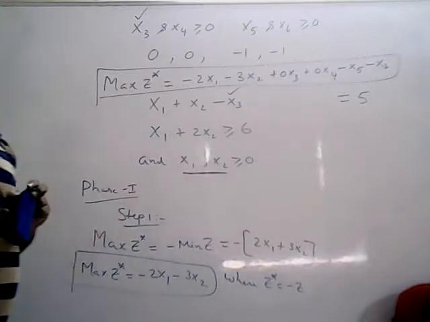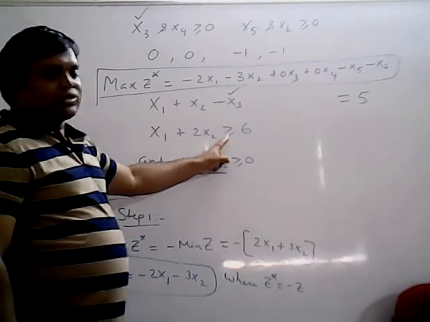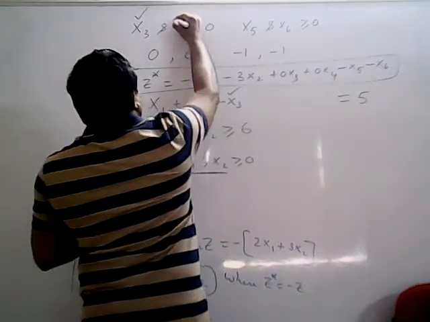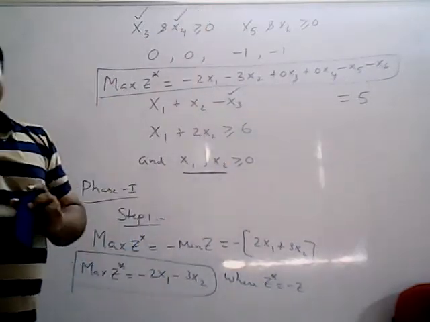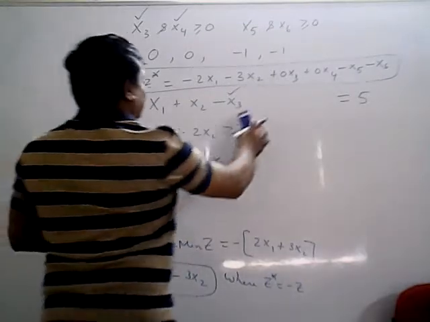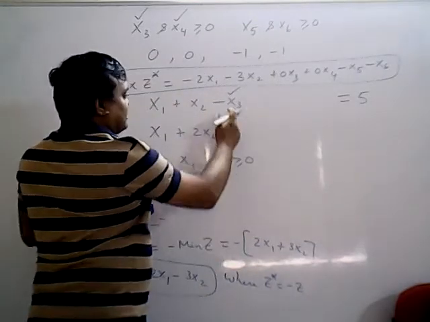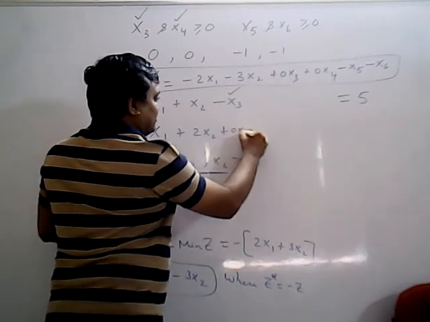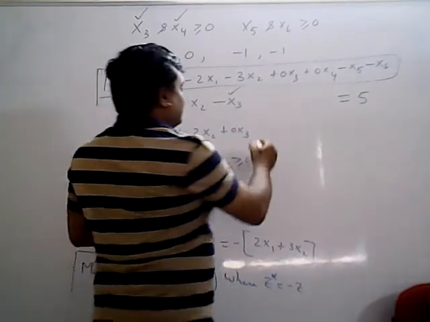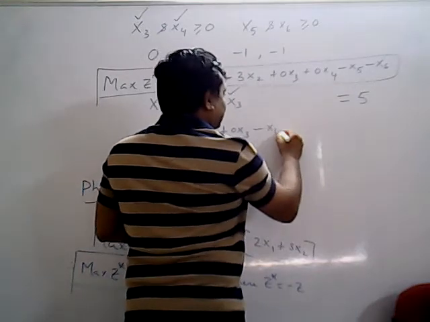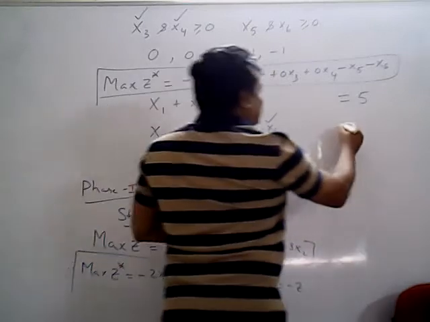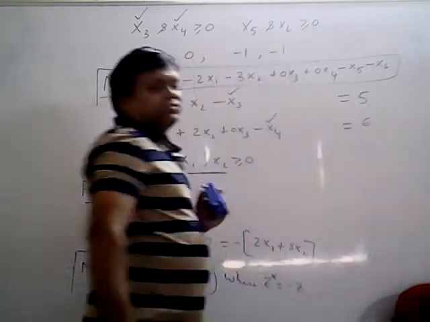Now the second constraint is also greater than or equal to, so a surplus variable is required. The next surplus variable is x4. Is it subtracted or added? A surplus variable is always subtracted. Here x3 is already used, so its value will be 0 here. So minus x4, and that inequality becomes equal to 6.